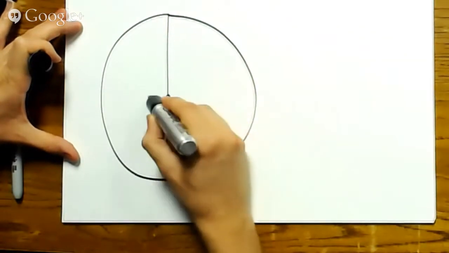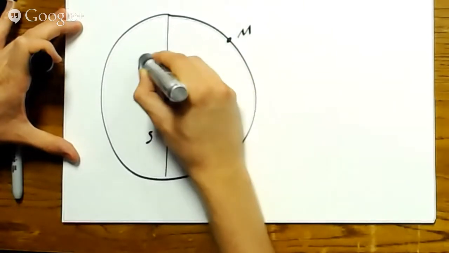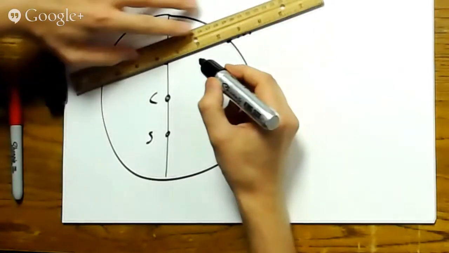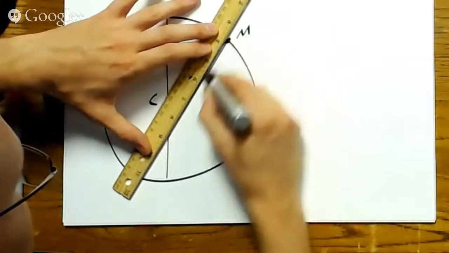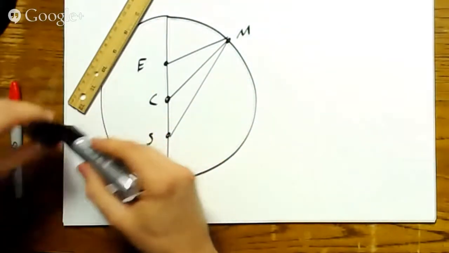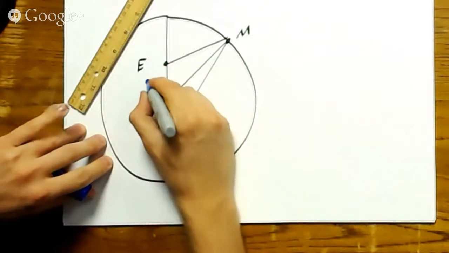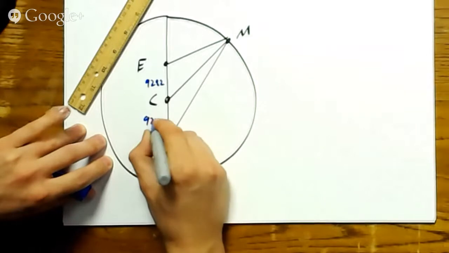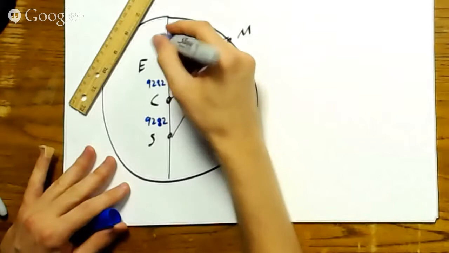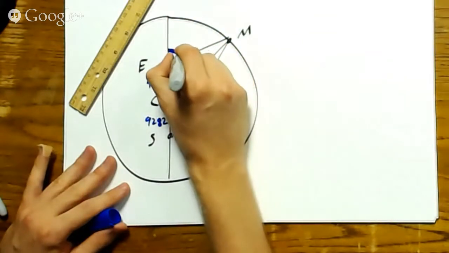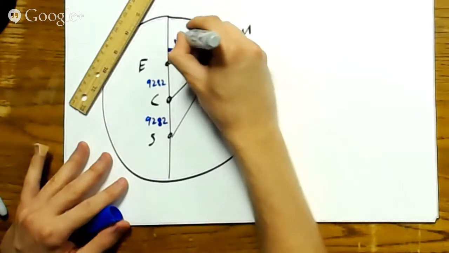Okay. Got the center, got the sun, got Mars, got the equant. We got a bisected eccentricity, which means that both of these distances are 9282. And what's the name of this angle up here, Anastasia, where the equant sees Mars?